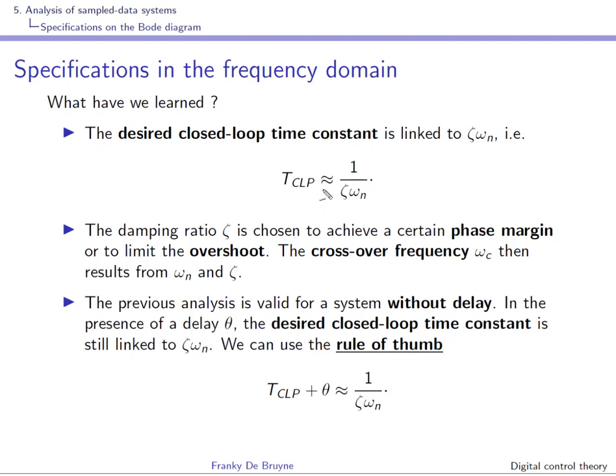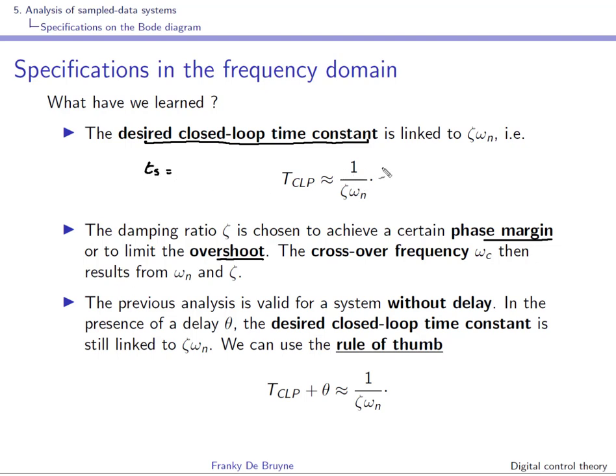In practice, what we'll do is have specifications in terms of the overshoot very often, but sometimes also directly in terms of the phase margin, and we'll receive a desired closed loop time constant. Sometimes instead of the desired closed loop time constant, we'll say that we have a desired settling time TS.